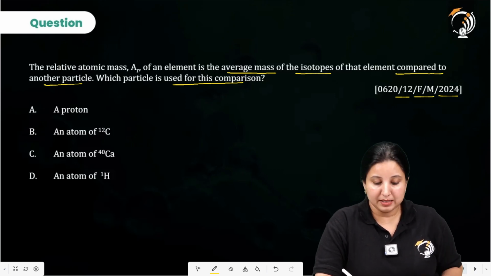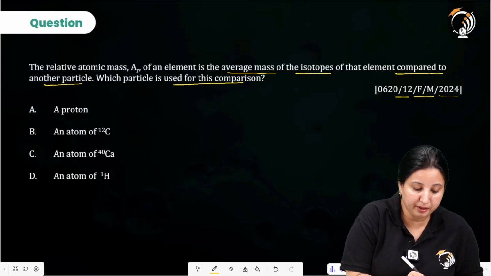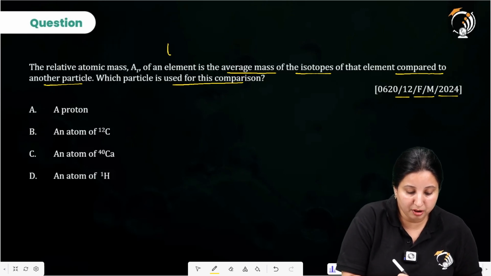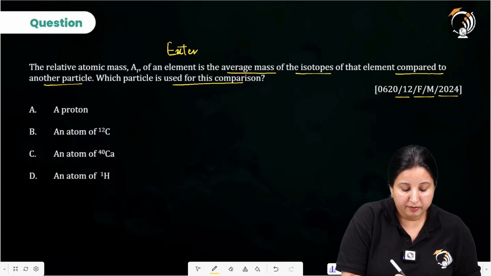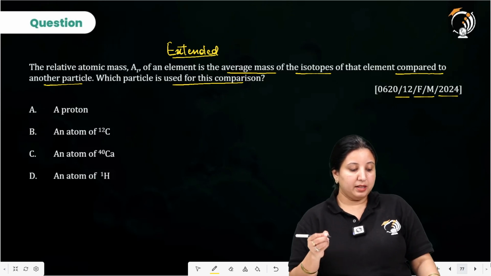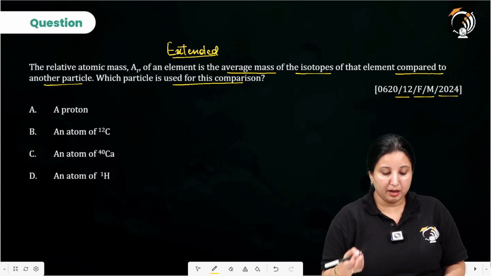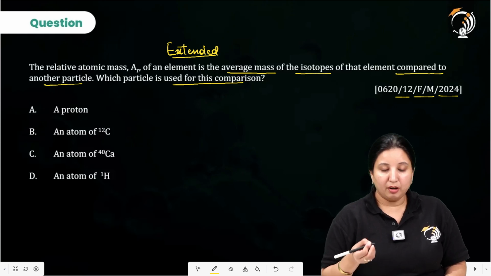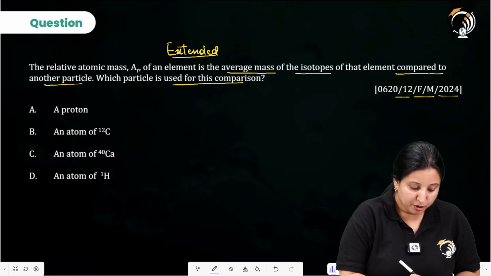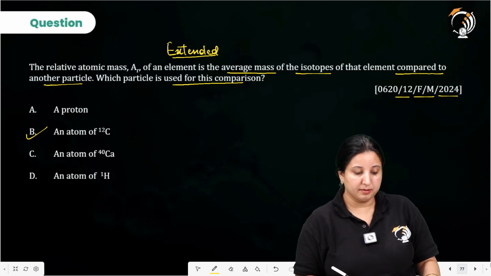Just now we have seen that it is a question for the extended students, and another point is that we compare it with 1/12th of the mass of the carbon atom. So option B is going to be our answer.